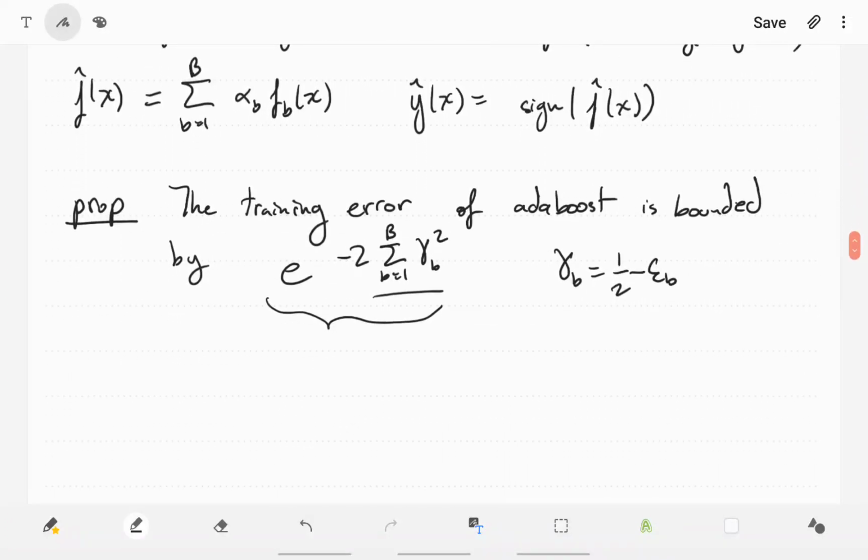And so as long as your learner is doing better than random guessing on the augmented data every time, then your training error is going to continue to go down. So our goal is to have a classifier that gives us better than random guessing at every time. And so a stump, a very short decision tree, could actually achieve this.